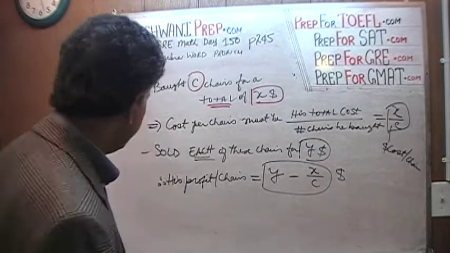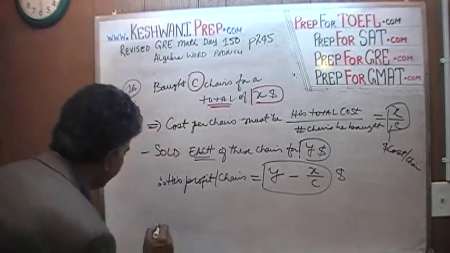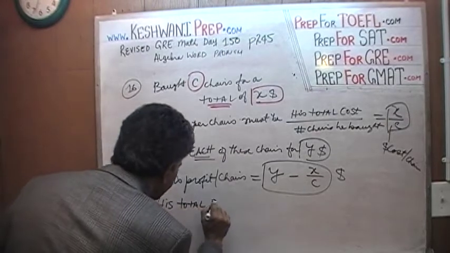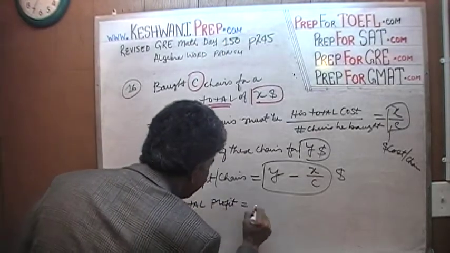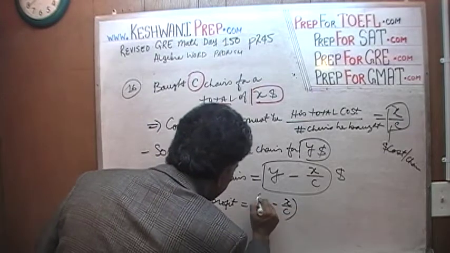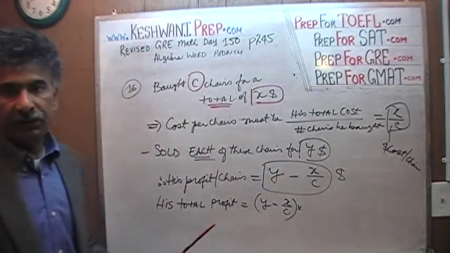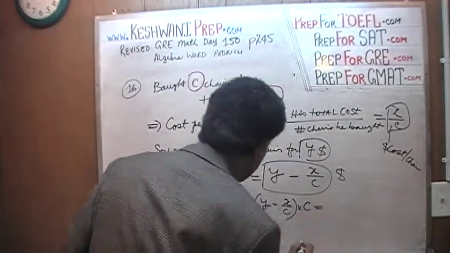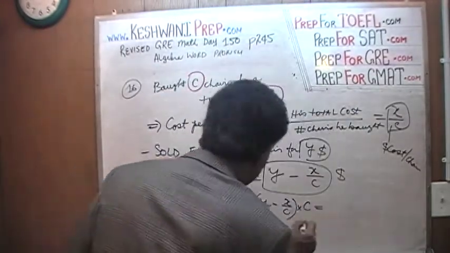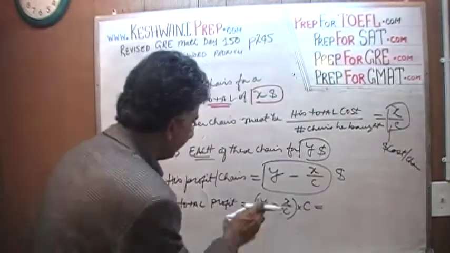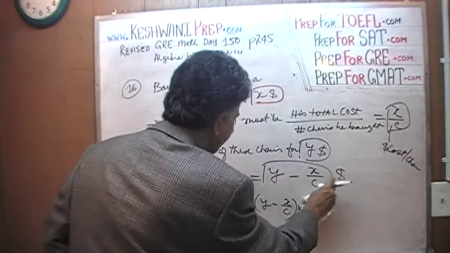And his total profit is just going to be his profit per chair, which is Y minus X over C, times how many chairs he sold, which is C, right here, which comes out to be, if you were to open the parentheses, I used up too much space to make this box here, and now I can't.